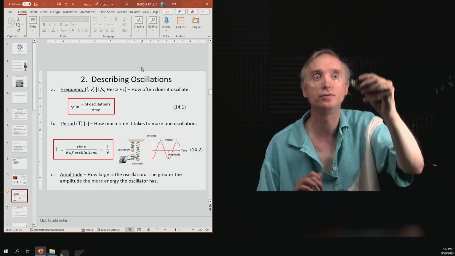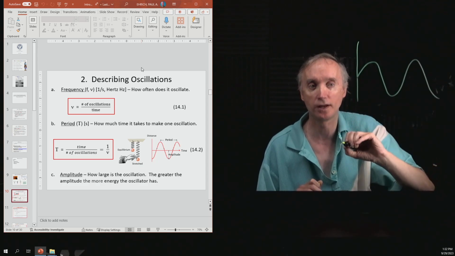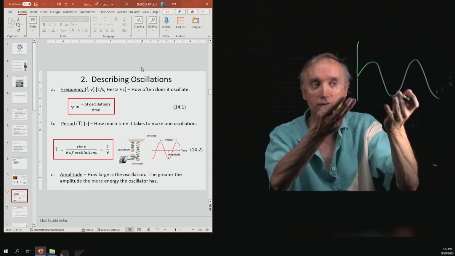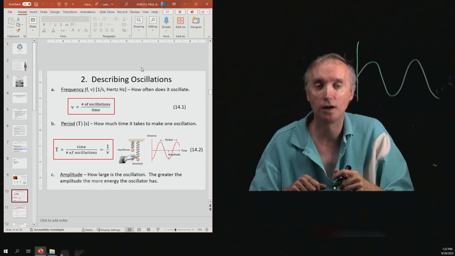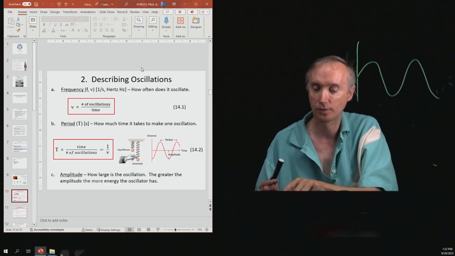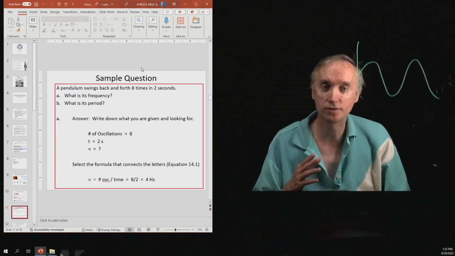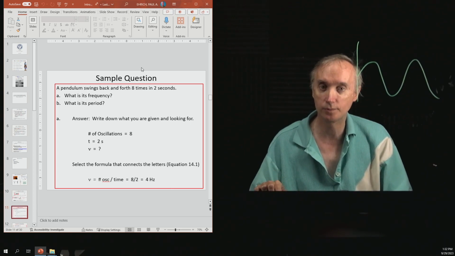Also, if I was to give you a graph of something that is oscillating, could you identify on that picture what is the amplitude of that wave? Okay, so be able to do that. And so here are some sample questions that illustrate these concepts.